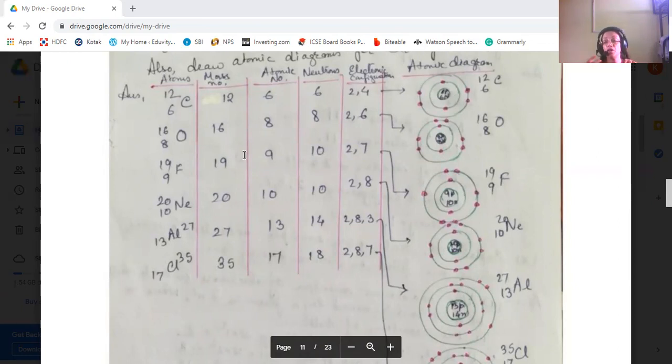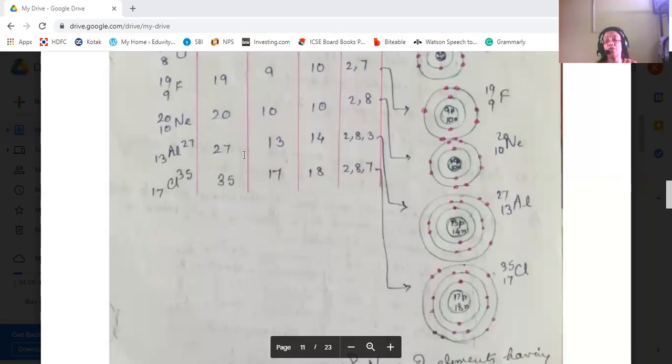So it will be 2 electrons in the first shell, second shell 8, and third shell is 3 electrons. Next is Cl, chlorine, that is 35 and 17. So 35 will be the mass number, atomic number 17. Neutrons will be 18. So 2, 8 and 7. So first shell 2, second shell 8, third shell is 7.